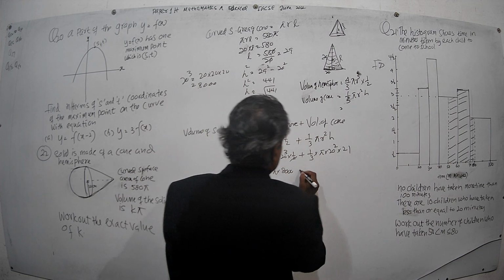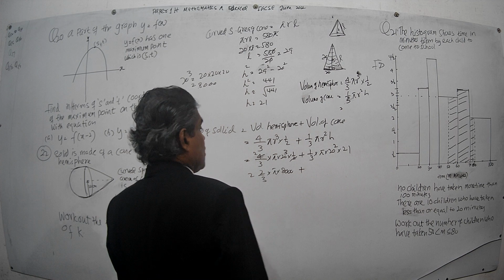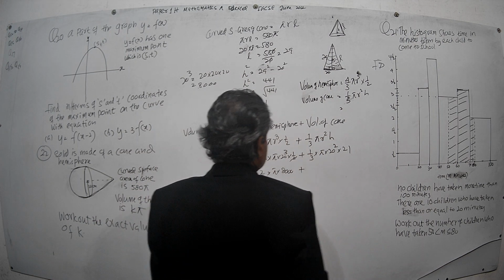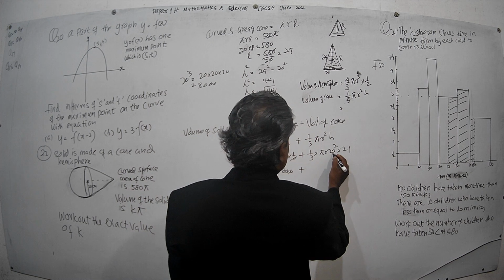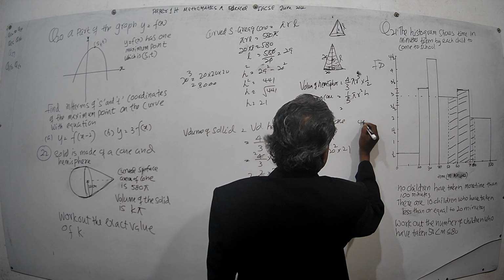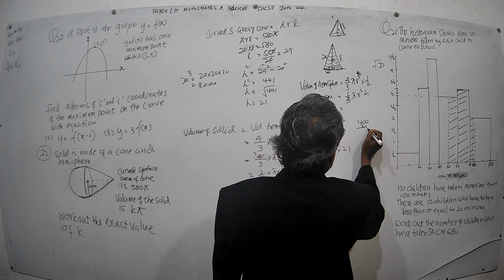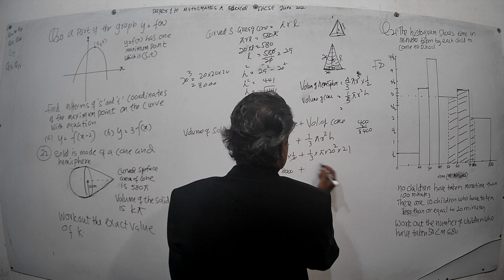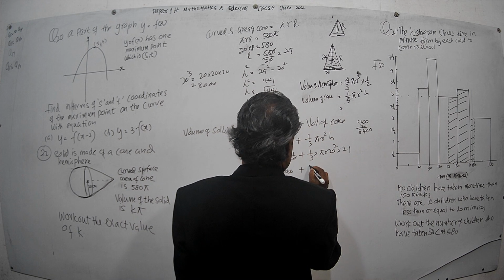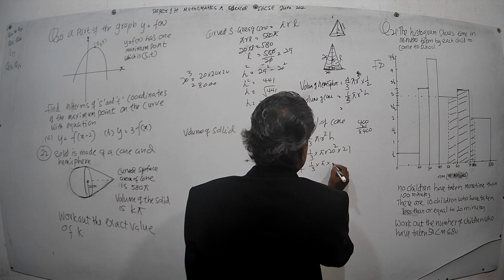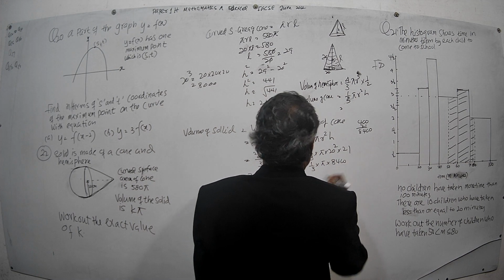Then plus this one: 20 squared is 400, and 400 into 21 is 8,400. So we write 1 over 3 into pi into 8,400.